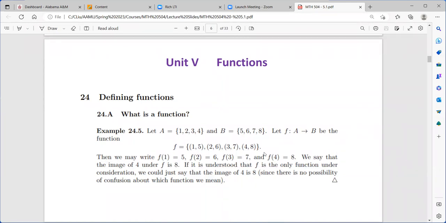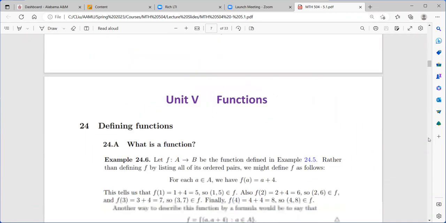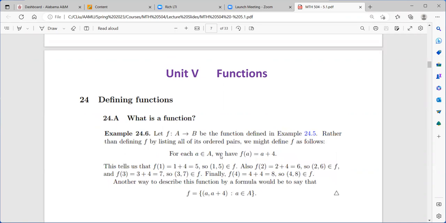Each element, each number, is written down in this way. We have another way to write the function. We can use a formula, for example: for each element A in the set A, we have f of A equal to A plus 4. So you just add 4 to the first coordinate to get the second coordinate.